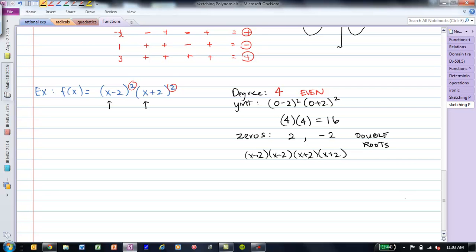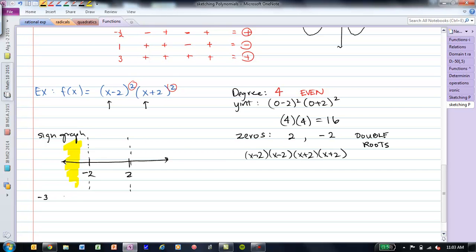Alright, so now that we have our zeros, we're going to do our number line and set up our sign graph. So here's our number line. We've got negative 2 and 2, dotted area, dotted area. Let's look at the values that are less than negative 2. So we pick a value like negative 3.